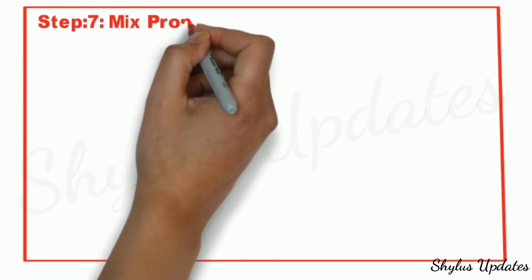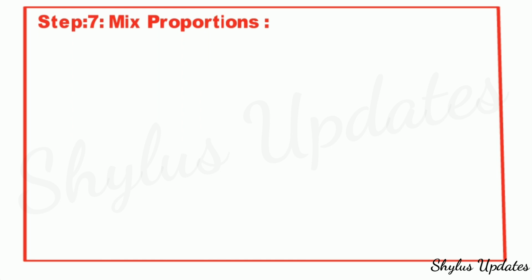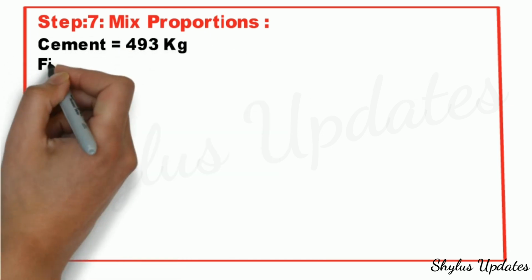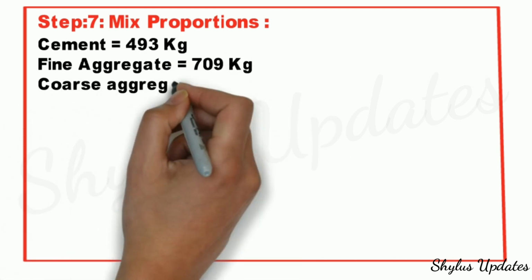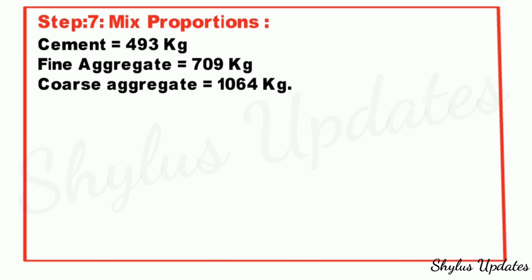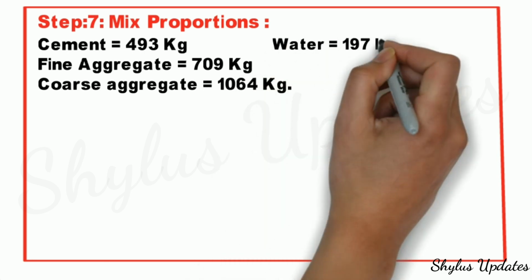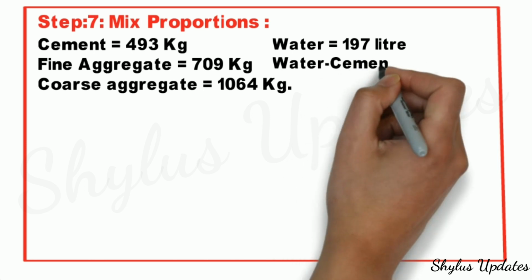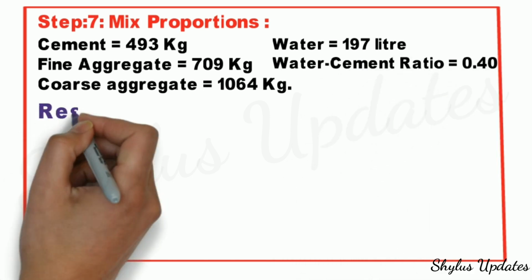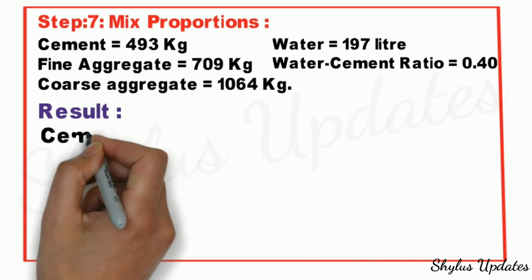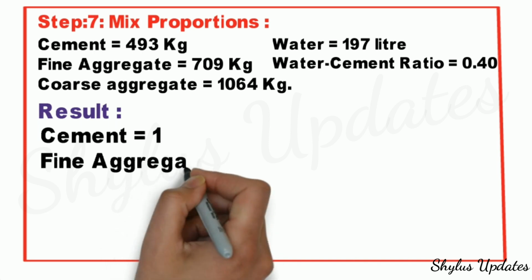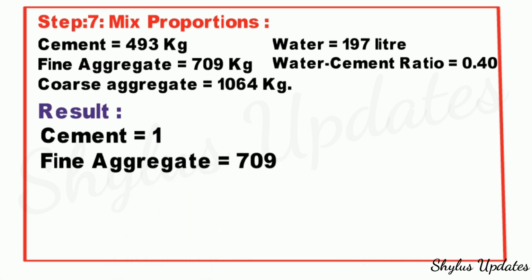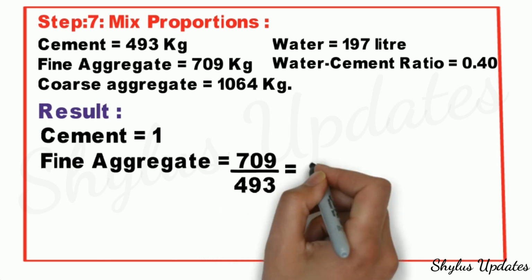Step 7. Mix proportions. Cement 493 kg, fine aggregate 709 kg, coarse aggregate 1064 kg, water 197 liter, water cement ratio 0.40. Now the results are: cement is equal to 1, fine aggregate is equal to 709 upon 493. So we get the answer 1.44.